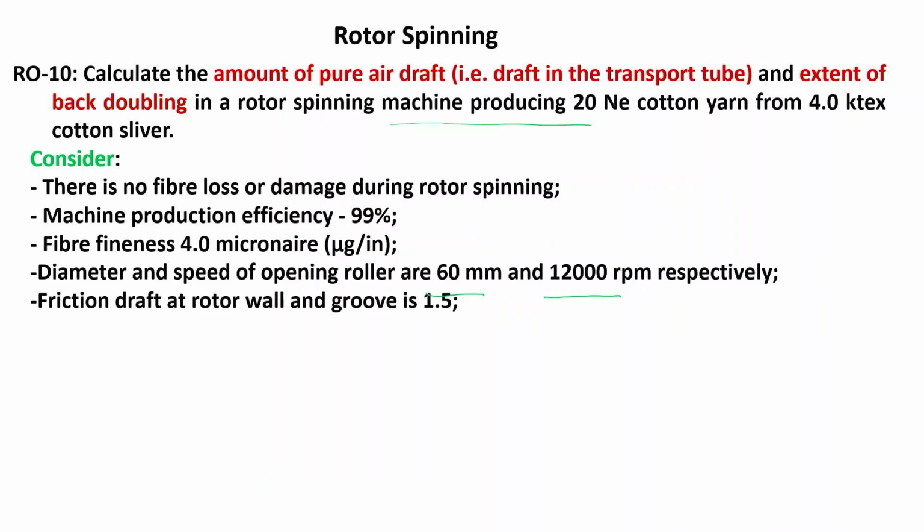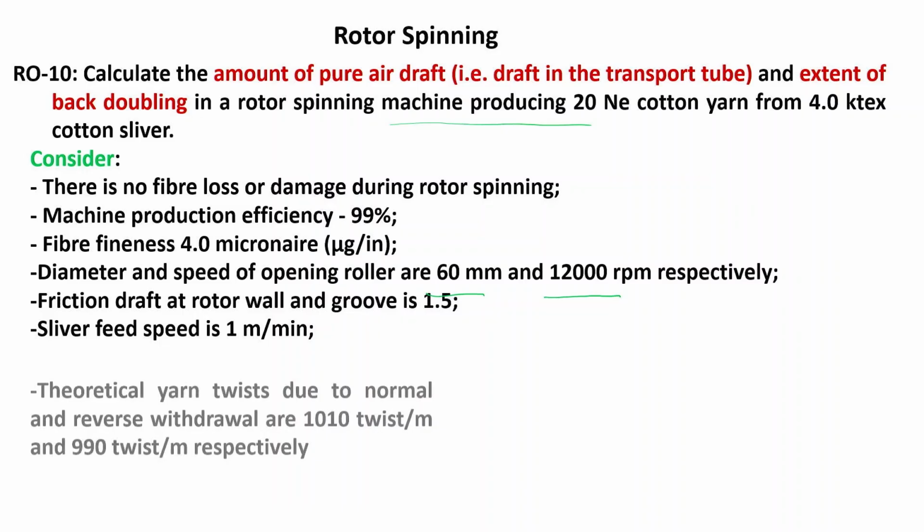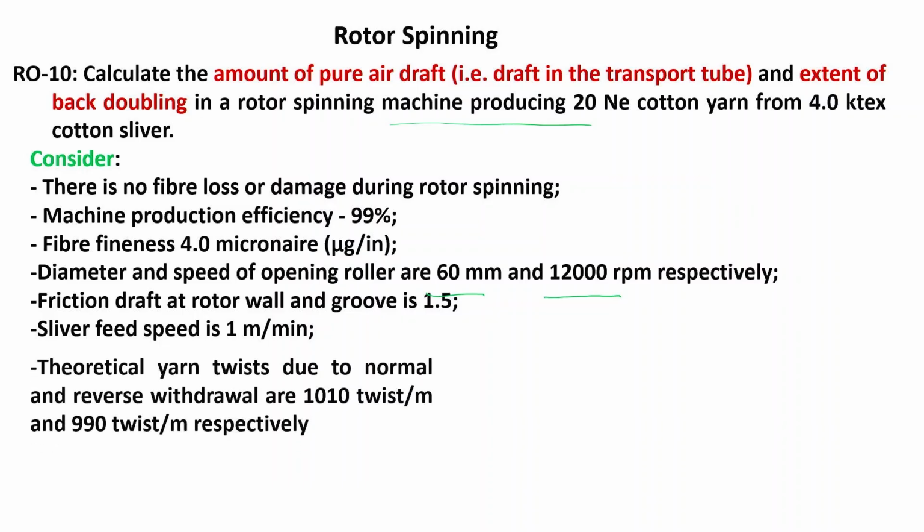Friction draft at the rotor wall and group is 1.5, sliver feed speed is 1 meter per minute, and theoretical yarn twist due to normal and reverse withdrawal are 1010 and 990.